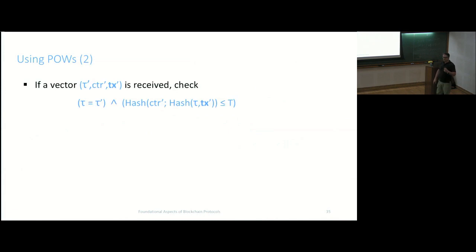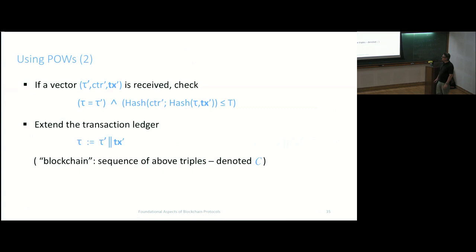So if you are sitting there and you see a new blockchain, you check that the last block checks out, and it's easy to verify. Verification is fast. If it does, you extend the ledger by adding this block. Again, if you're talking about the ledger application, then the ledger would be extended with the new transactions.